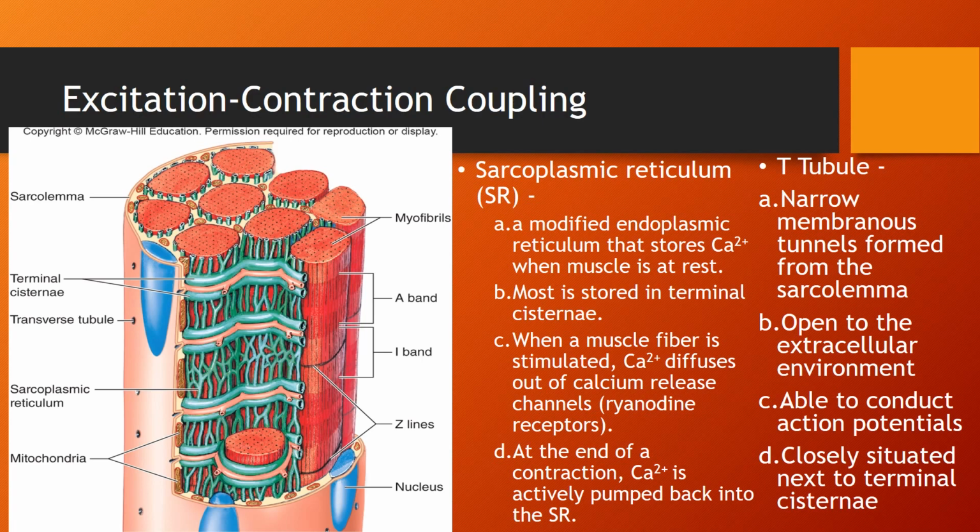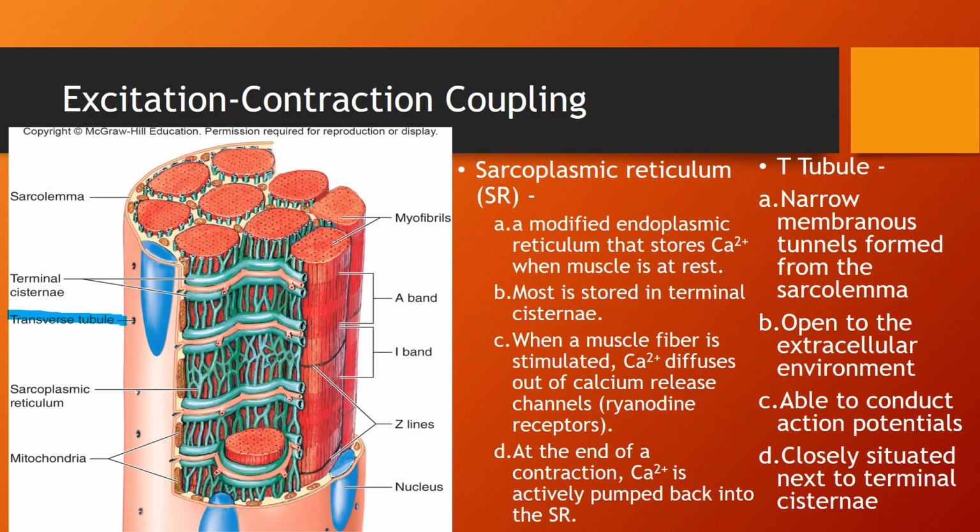All right, so with this, we have the T tubules, and so let me highlight them for you here. The T tubules are transverse tubules. These are going to be the essential structures for the excitation contraction coupling, okay? So excitation referring to the nerve tissue, and contraction referring to muscular tissue, okay?